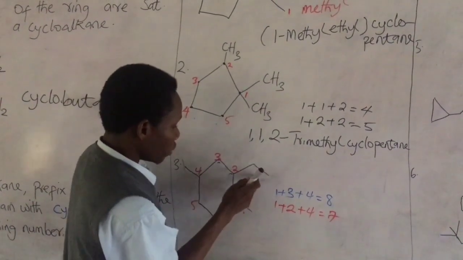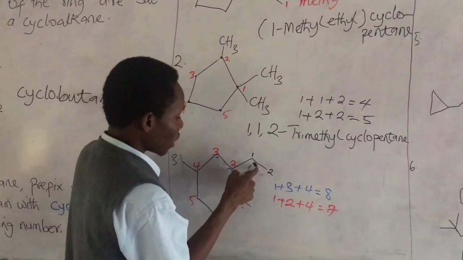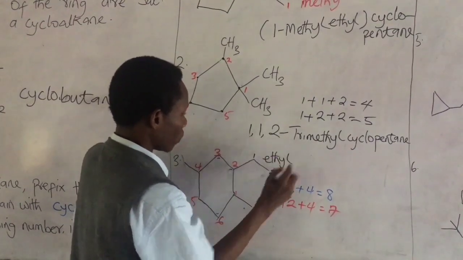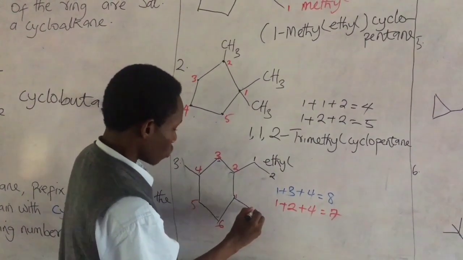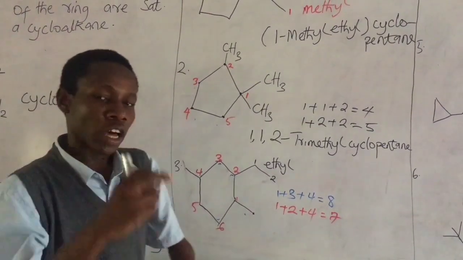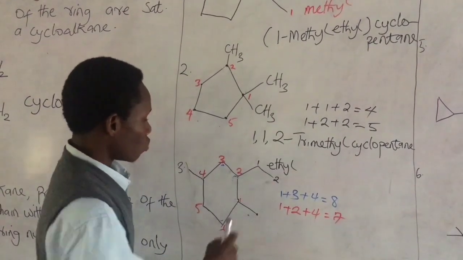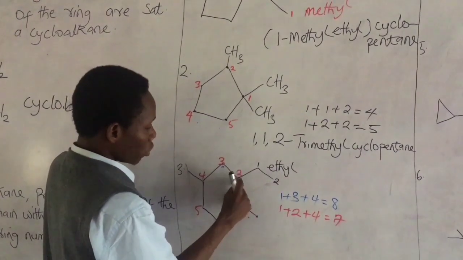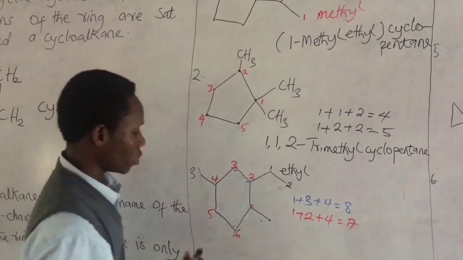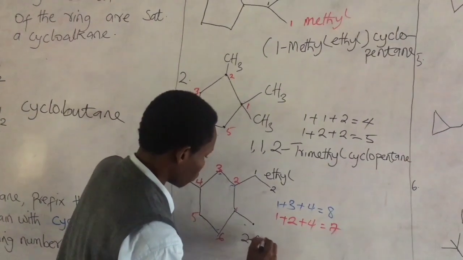This substituent here is the ethyl substituent. 1 and 2, it has 2 carbons. So this is ethyl. This substituent has just 1 carbon, which is methyl. But in our alphabet, E comes before M. So we'll start with this. The ethyl is on carbon 2. Therefore, the name of this compound will be, we have 2-ethyl.